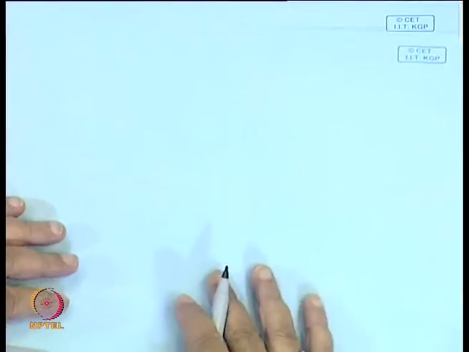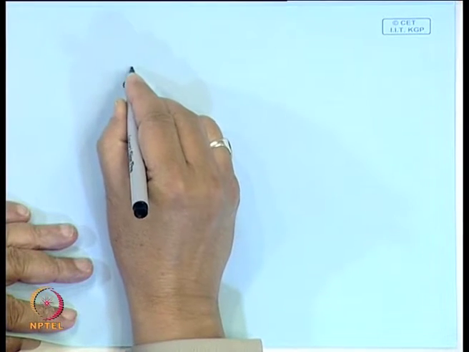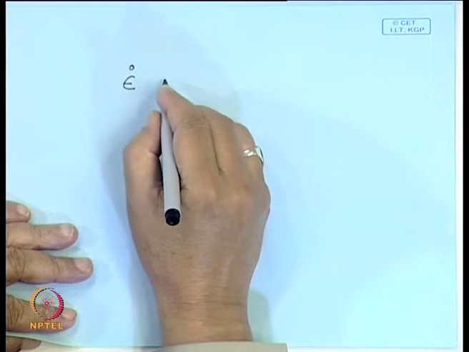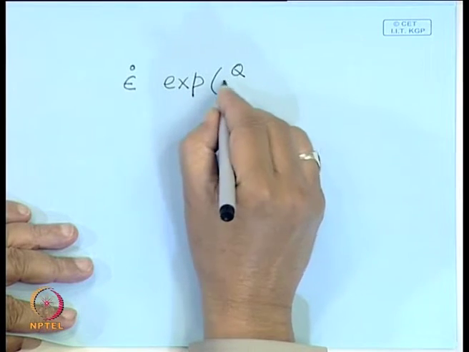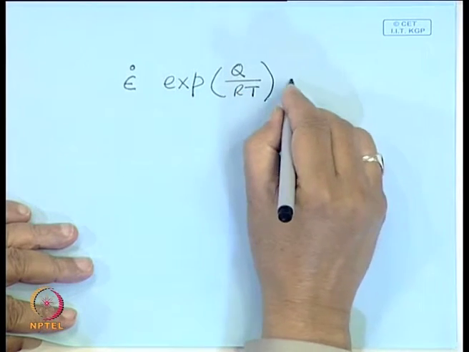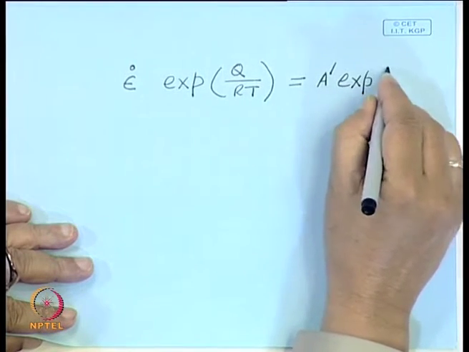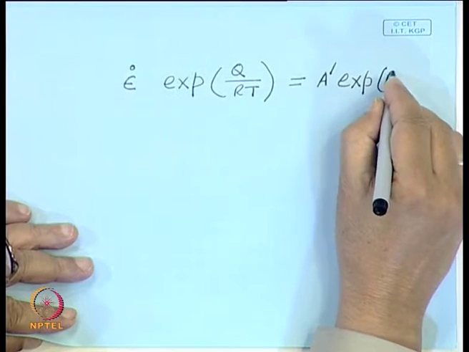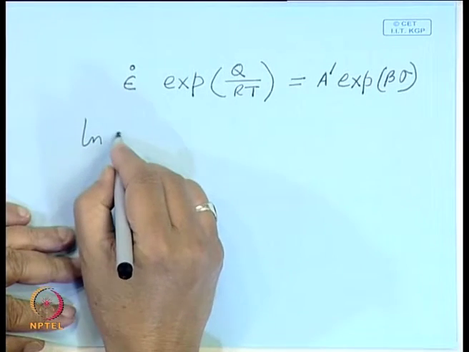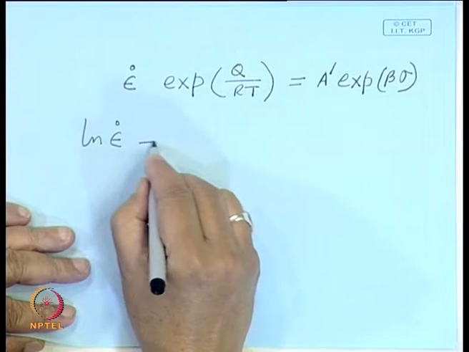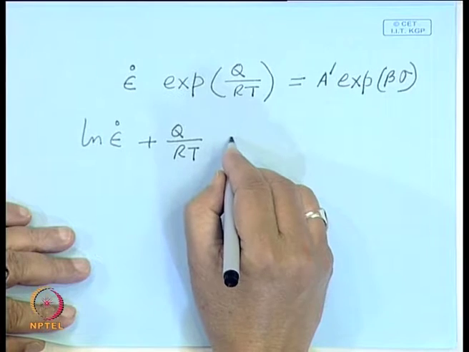You can easily see that if you look at the same equation, the Zener-Hollomon parameter, the strain rate times exponential of Q over RT is equal to, let us say, A exponential beta sigma, and in logarithmic form this is Q over RT.